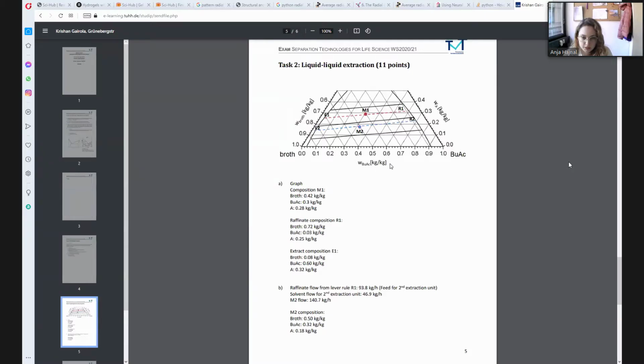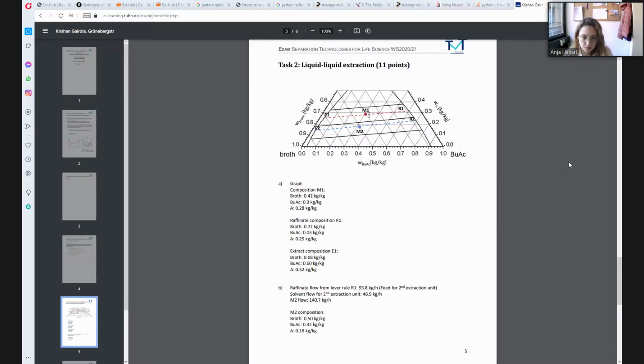Here we have butyl acetate, here we have the broth, and here we have our antibiotic. The broth is read on this line here, but it's actually the hardest one to see because it's a bit cut out. But of course, all the fractions need to sum to 1, so we can calculate it later.